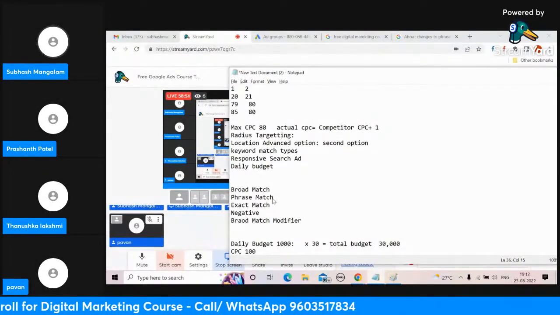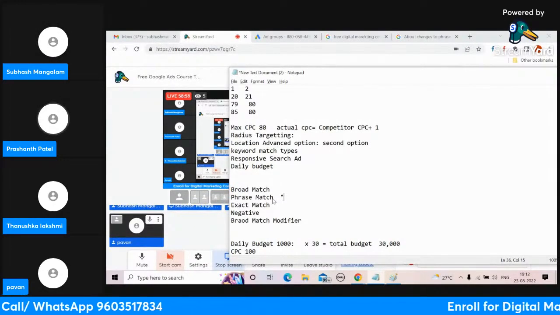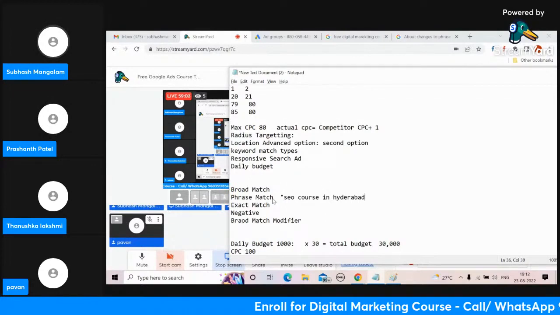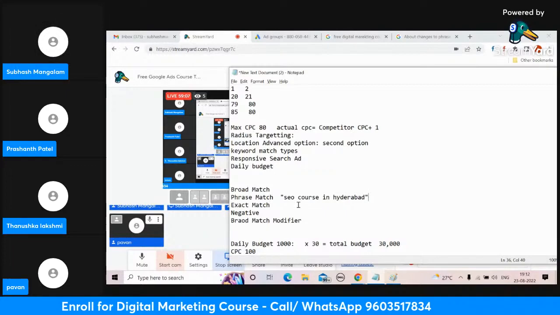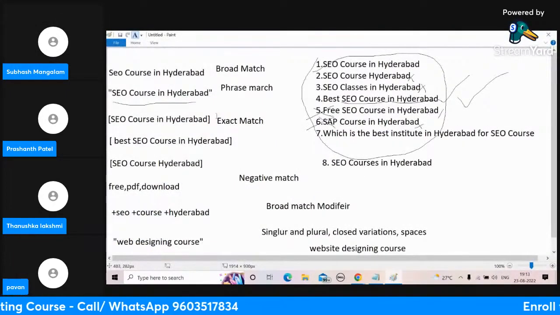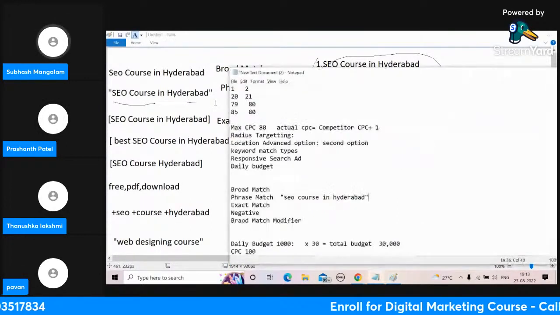How will you specify phrase match? By a particular format, with symbols. SEO course in Hyderabad. How does this work? The customer should not disturb the pattern. He can add anything before and after. Clear?